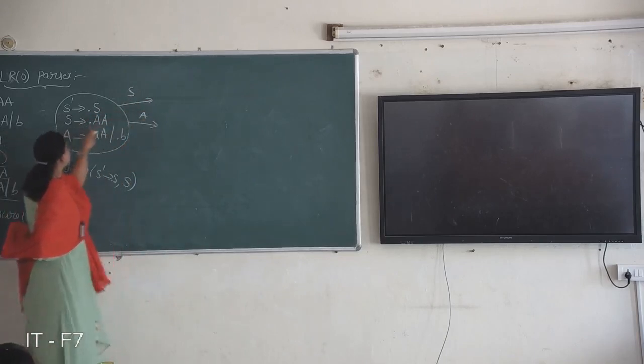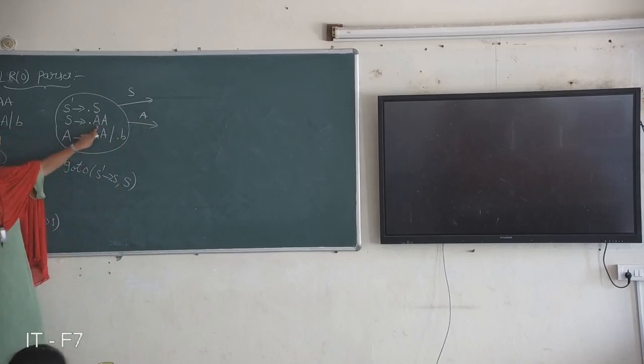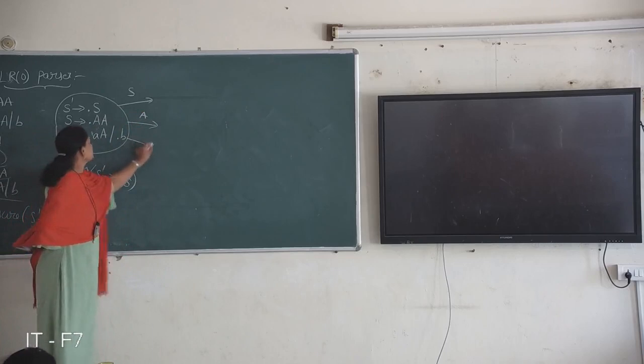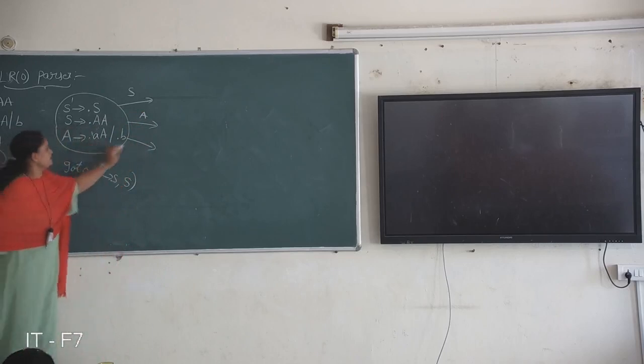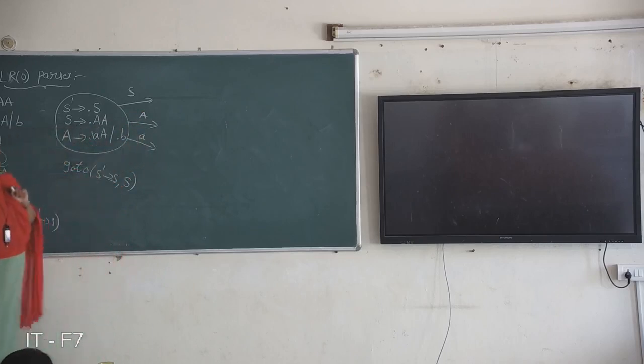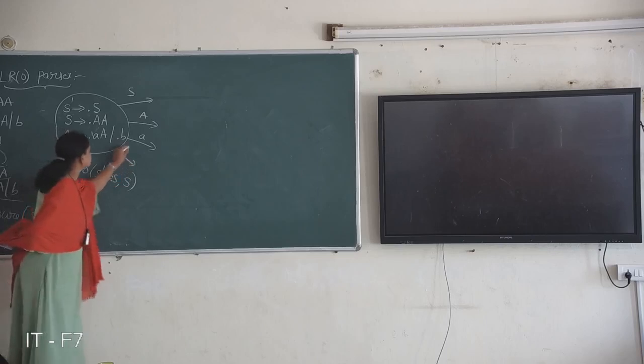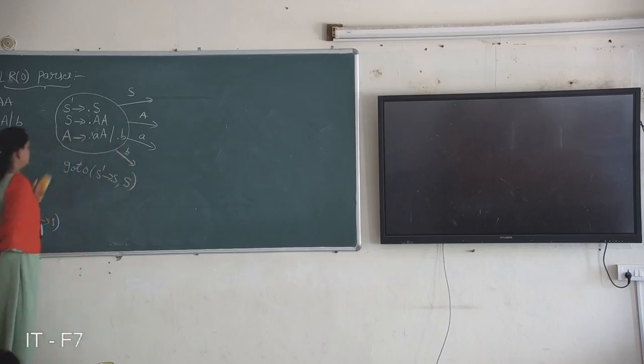On A, for this production, after the dot A is there, so write a transition on A. And after the dot, a small a is there, a terminal. You can also do transitions on terminals and non-terminals. Here after the dot, b is there, so you can do a transition on b.